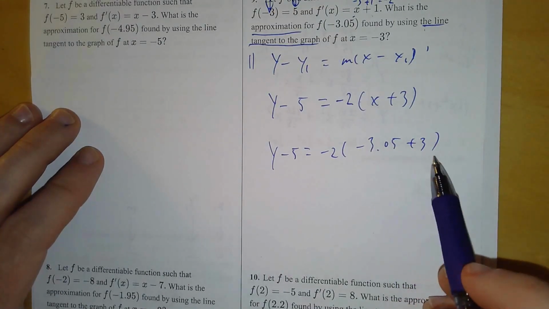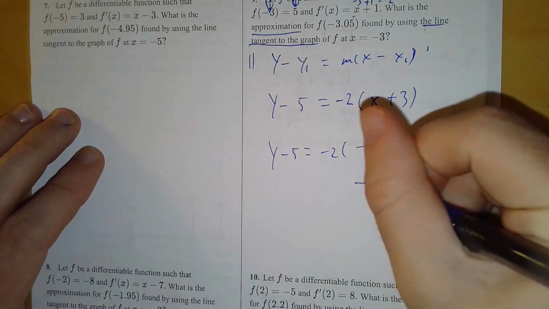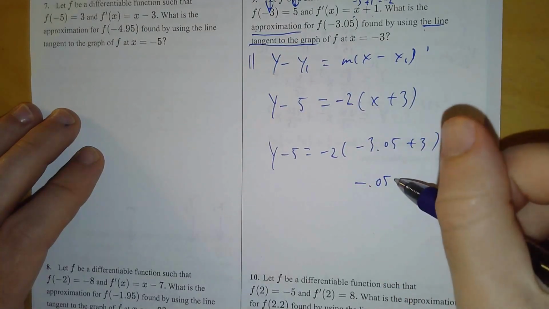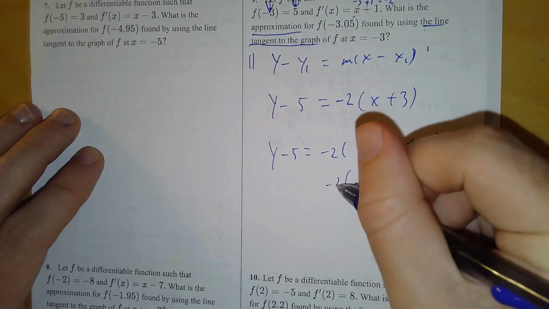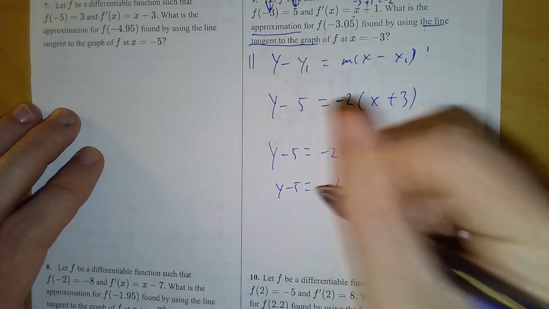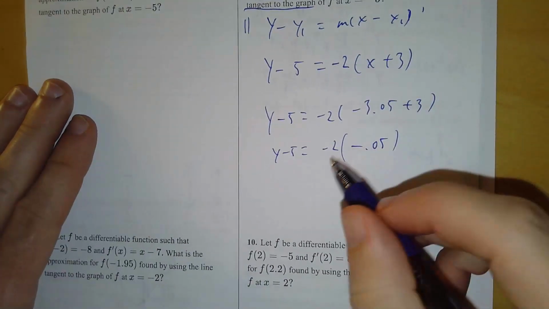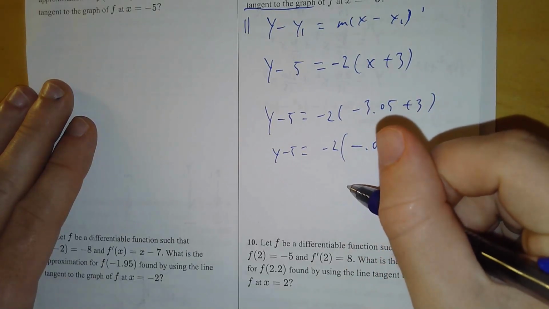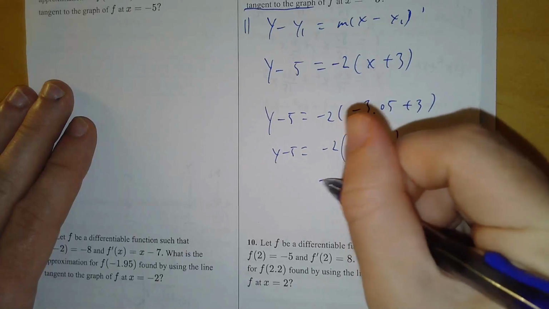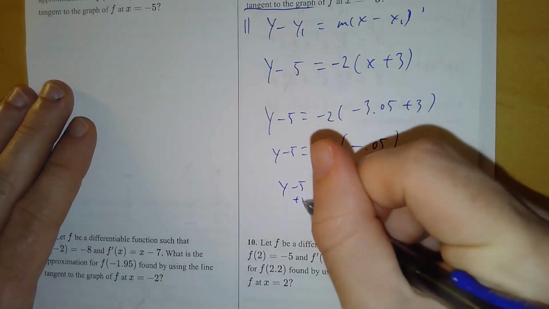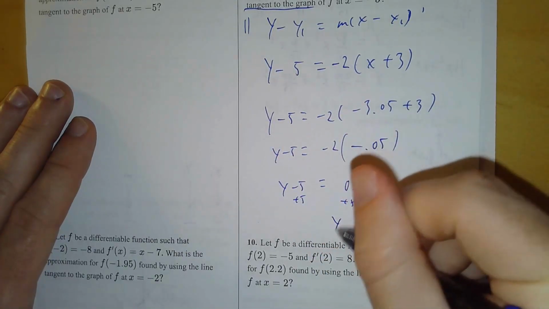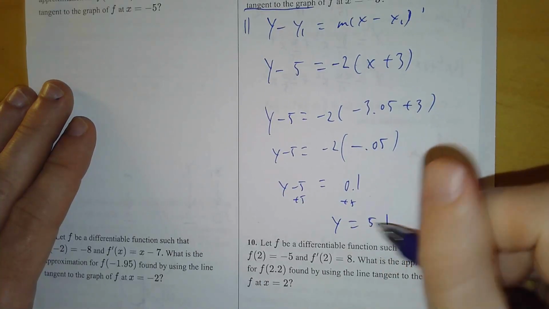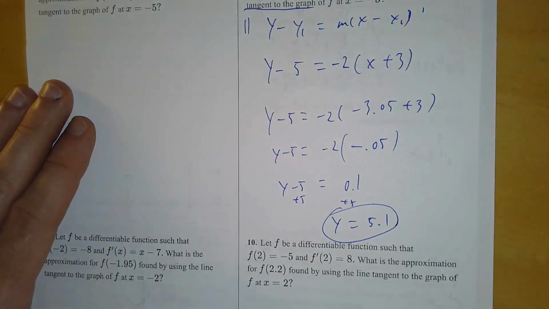So negative 3.05 plus 3 is just negative 0.05 times negative 2. Y minus 5 equals that. And then we're going to multiply these. Negative 2 times negative 0.05 is just 0.1. And then we'll move that 5 over. Plus 5, plus 5. y equals 5.1.